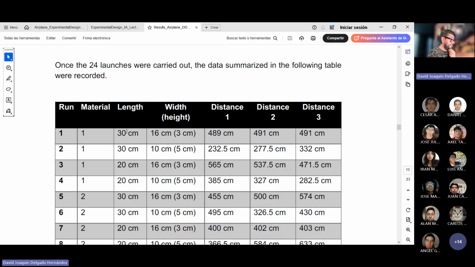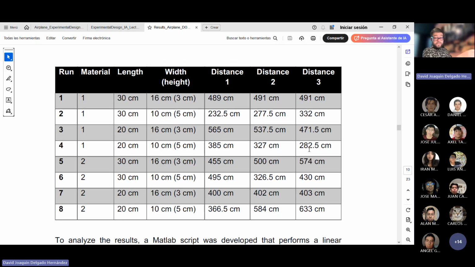Then the second airplane, material 1, length 30, width 10, first distance 232, second distance 277, and third distance 332. Okay, and so on. So I have the 24 measures recorded in this table, 3 for each of the 8 designs. Here are my 8 runs, and these are my results of all the trials.